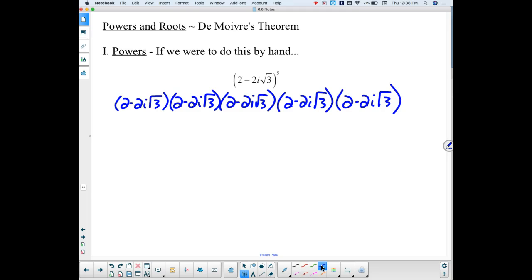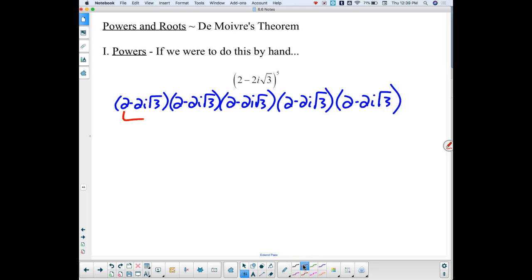Okay? Now, yesterday we found that in some cases it is much easier to first change it into trig form and then multiply the complex numbers. Yes? Because me personally, we would have to do 2 of these at a time.